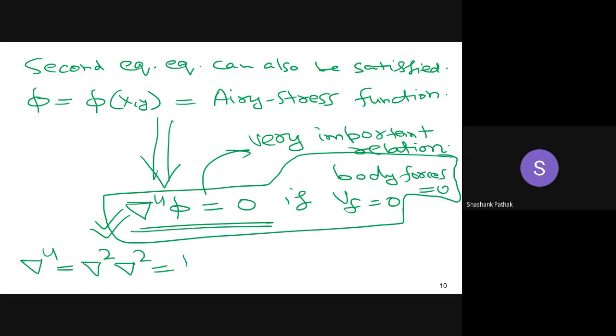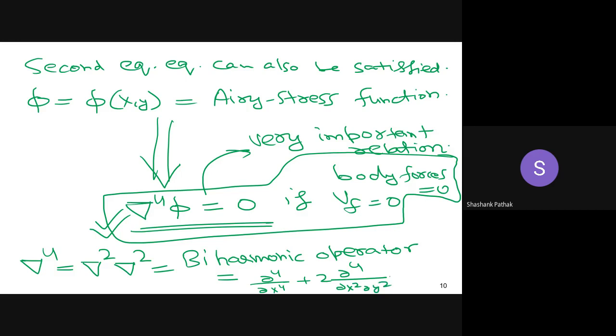This is also known as the biharmonic operator, and it is defined as del 4 by del x4 plus 2 times del 4 by del x square del y square plus del 4 by del y4.